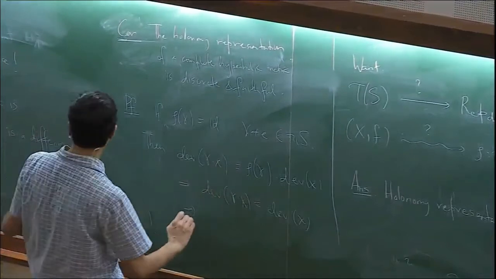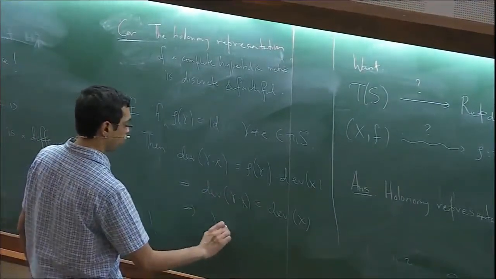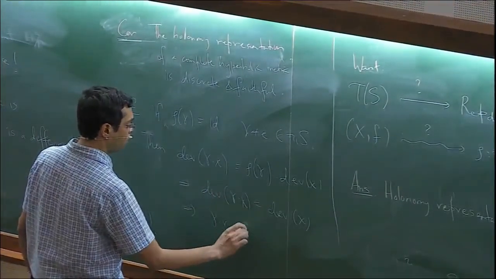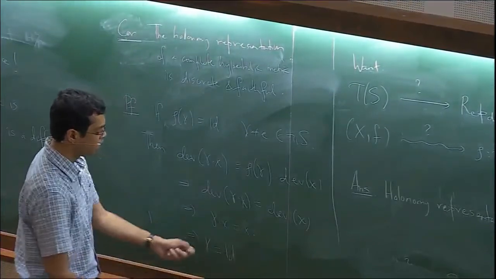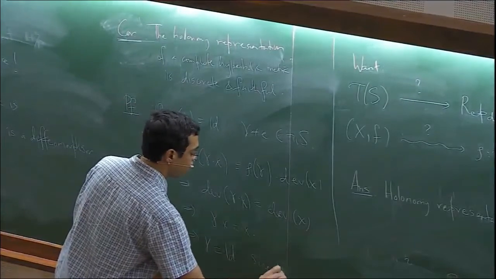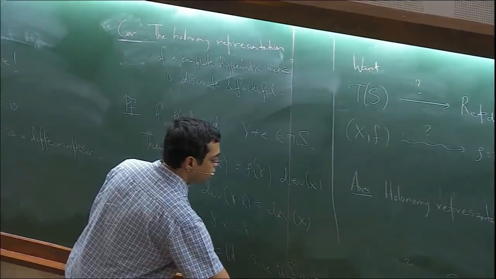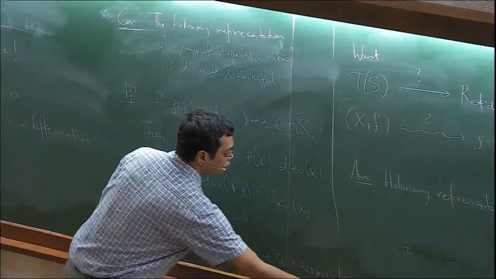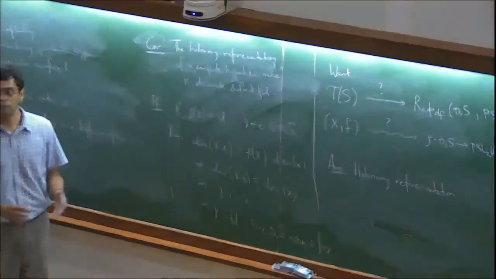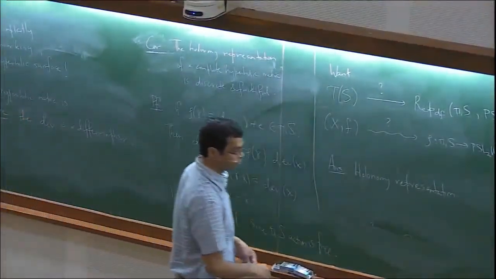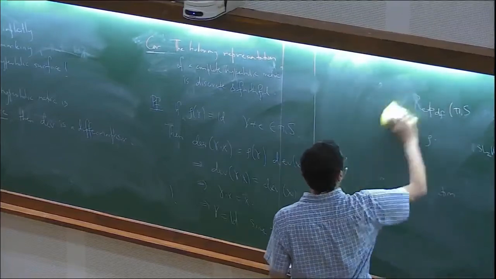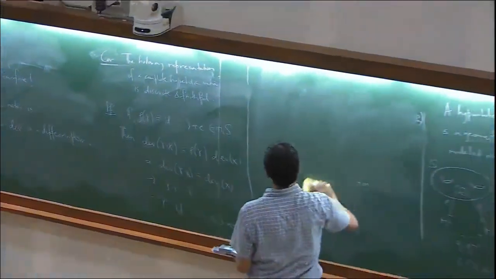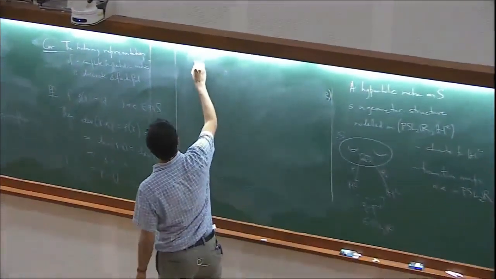But the developing map is a diffeomorphism, right? So gamma must be fixing that point, and gamma must be identity since the pi 1 S action is free. So this is why it has to be faithful.